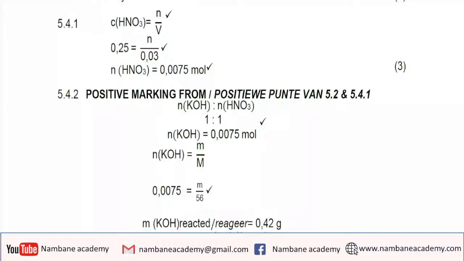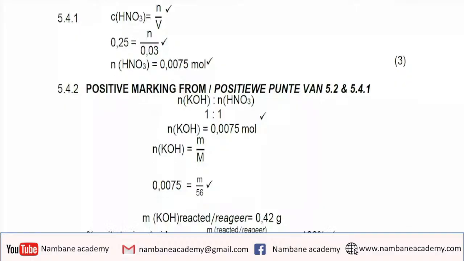And then 5.4.2, it says calculate the percentage purity of the KOH sample. In 5.4.2, we will positively be taking our calculated number of moles from 5.4.1, either 0.0075 or the 2 decimal 0.01.